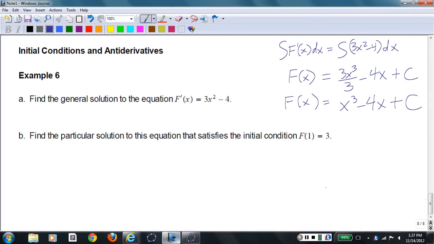We need the one, basically we're looking for the value of c that will give our function a value of 3 at 1. So, not too tough to find, f of 1 equals 1 cubed minus 4 times 1 plus c, and we'd like that to equal 3. What value of c is going to make this happen?